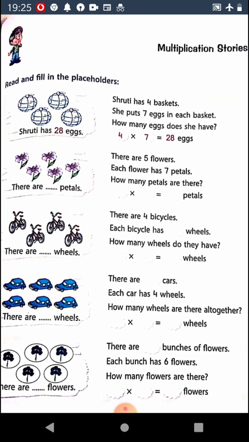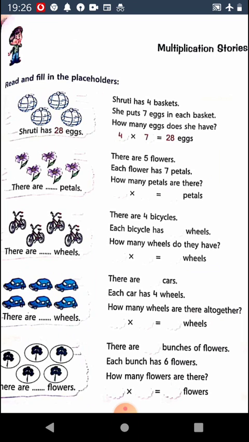Suppose it is given that a car has 4 wheels and you have to find the number of wheels for 6 cars. If a car has 4 wheels, how many wheels will 6 cars have? So how will you find out? One car has 4 wheels, therefore 6 cars will have, that means you will add 4 6 times. So instead of adding 4 6 times, we simply multiply 4 by 6.